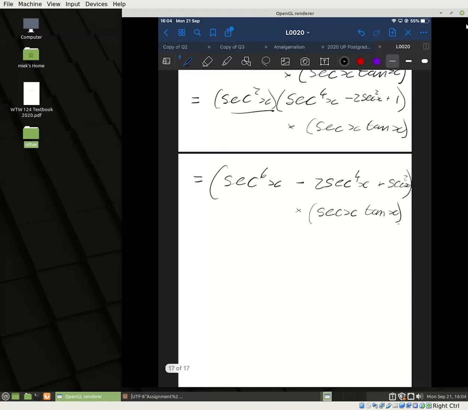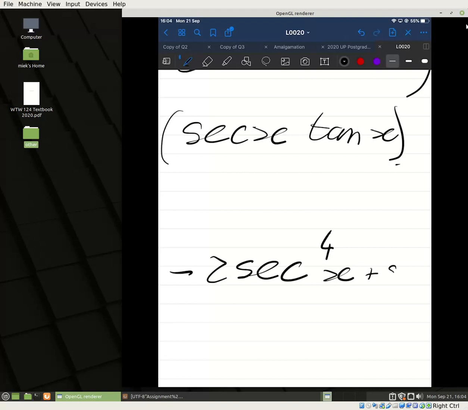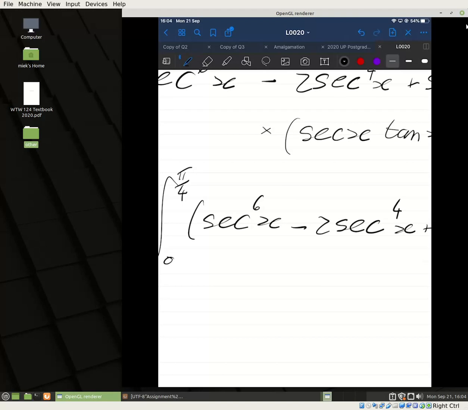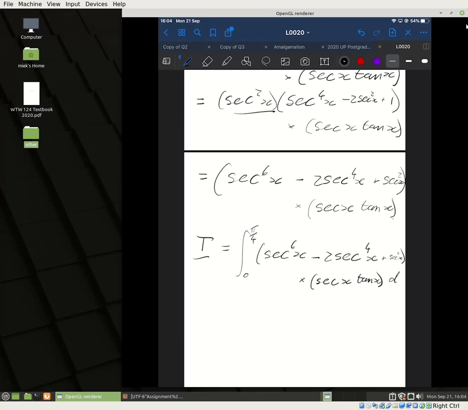Okay, and now we are in a position to compute our integral. So our integral is the integral from 0 to pi over 4 of sec to the 6 x minus 2 sec to the 4 x plus sec squared x, multiplied with the derivative of sec, sec x tan x, all dx.